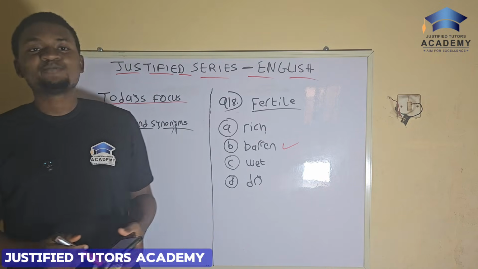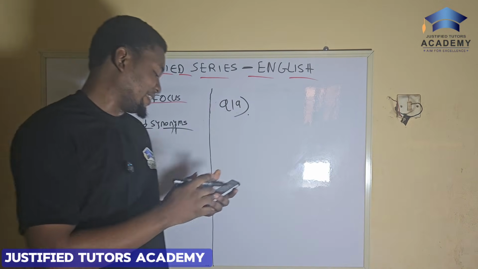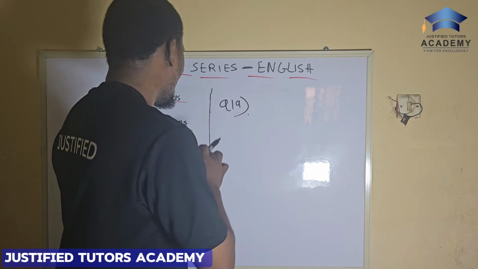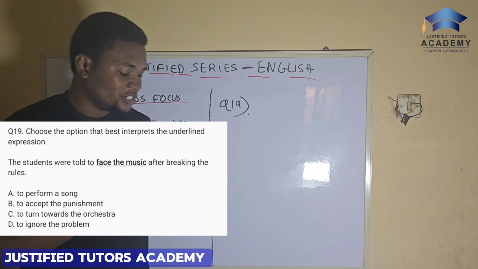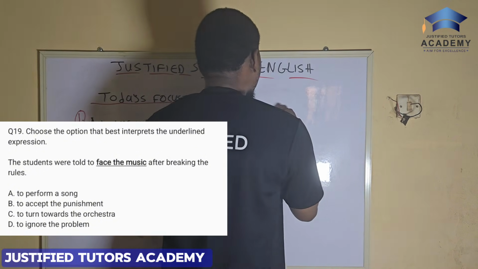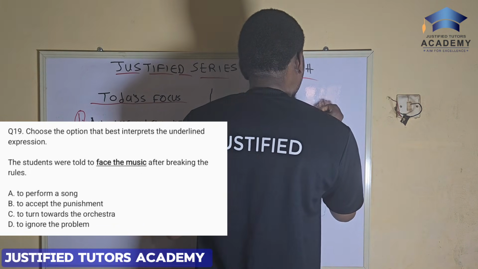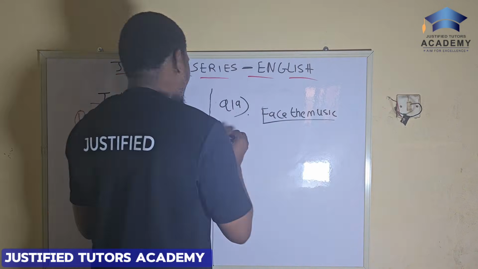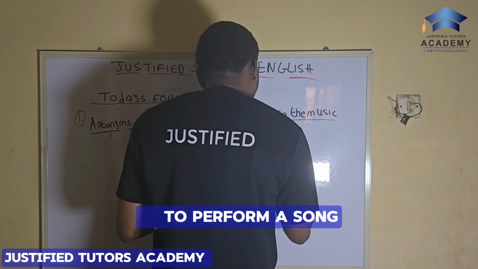Alright guys, now let's move to question number 19. Question 19 takes a different format. It says, choose the option that best interprets the underlined expression. The underlined expression here is face the music. Option A, to perform a music.